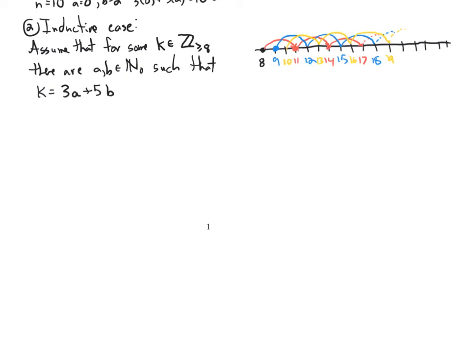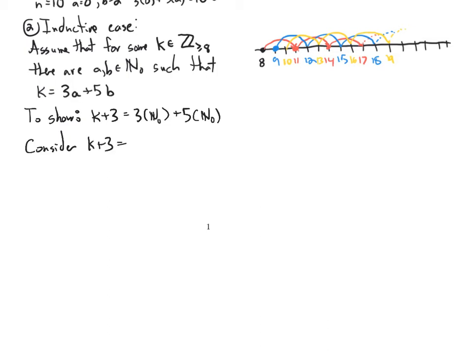And again, this is just redoing what we've already talked about, but let's write it up well. So we need to show that we can write k plus 3 as 3 times some whole number plus 5 times another whole number. So let's consider k plus 3.